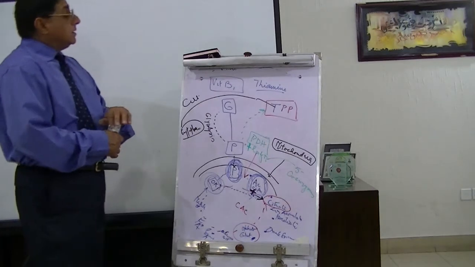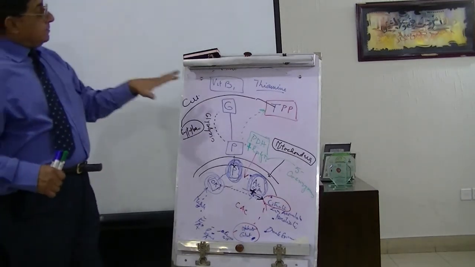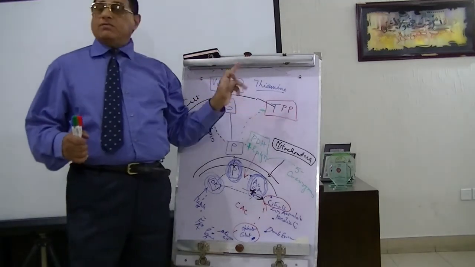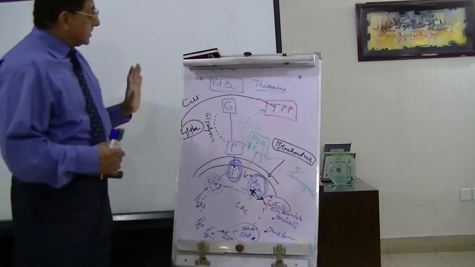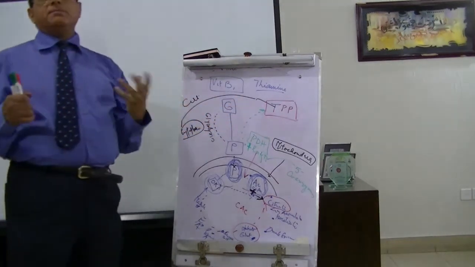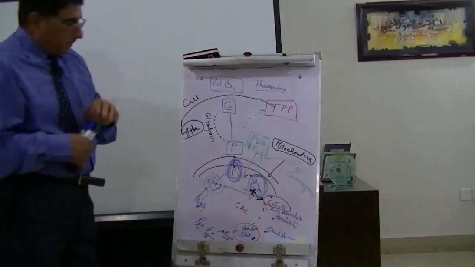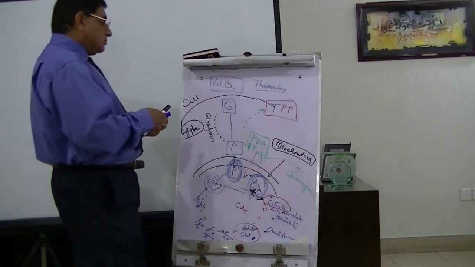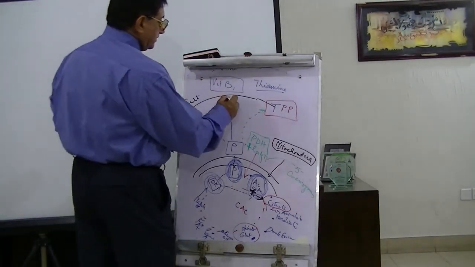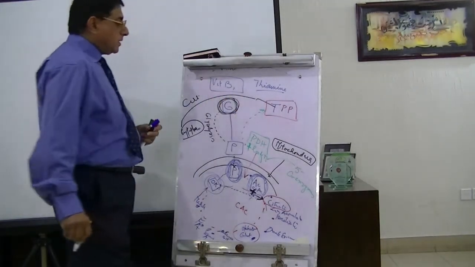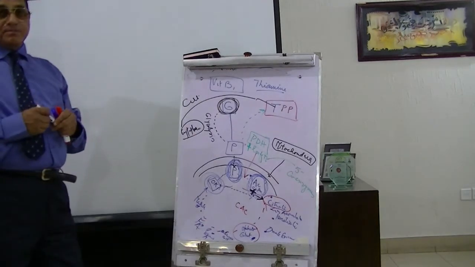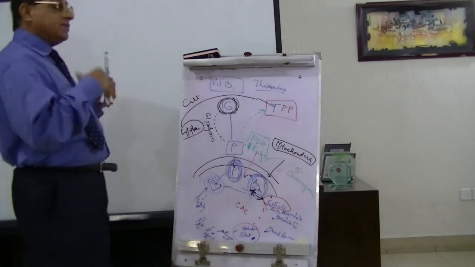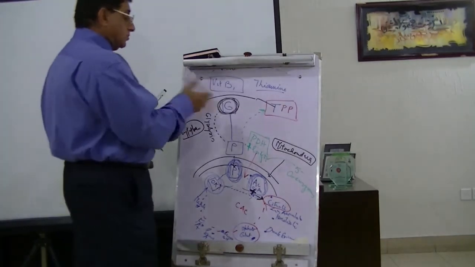Again, thiamine is taken in the diet, and it's converted to the active form, thiamine pyrophosphate. And thiamine pyrophosphate has a very important role in metabolism. How? Whatever we eat is converted to glucose. In the liver, everything may be converted to glucose.